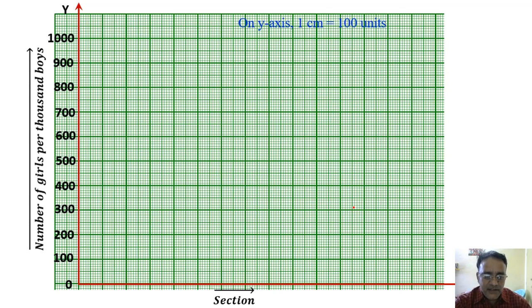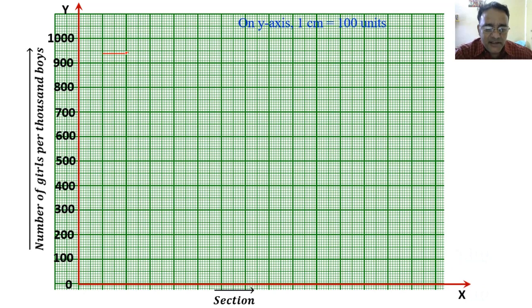So now the first one is 940. So 940 will come over here. अप्रॉक्सीमेटली हम लोग पहले डिसाइड कर लेते हैं. Then 970 सेवेंथ ग्रिड में आएगा यहाँ पर. Next one is 920 second grid.